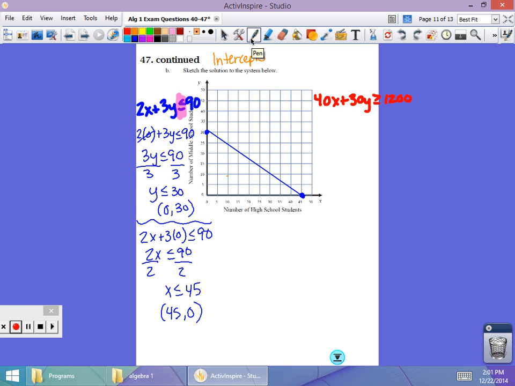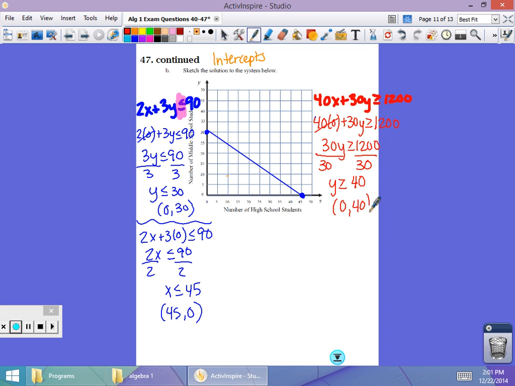Let's solve for the money constraint. $40 times 0 plus 30y greater than or equal to 1,200. Should divide by 30 to get y by itself. 1,200 divided by 30 is 40.